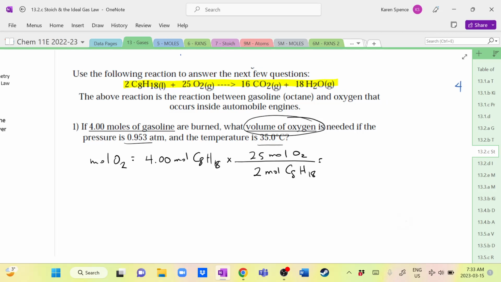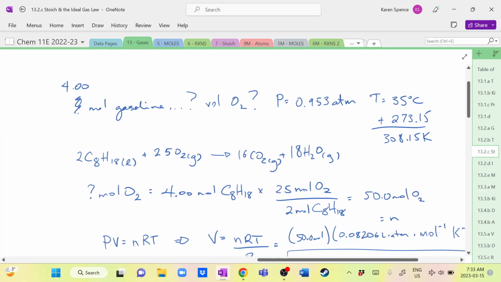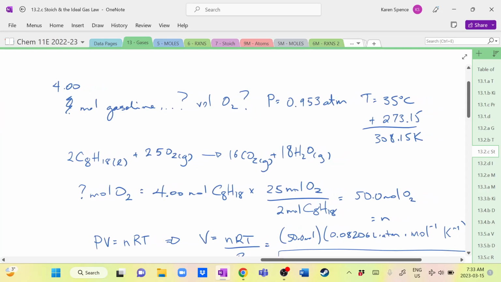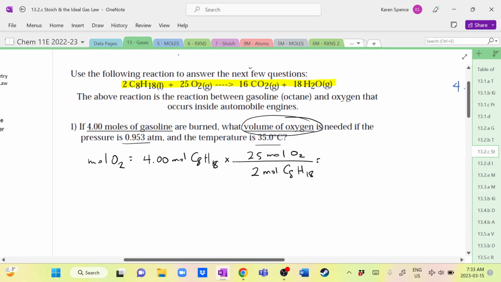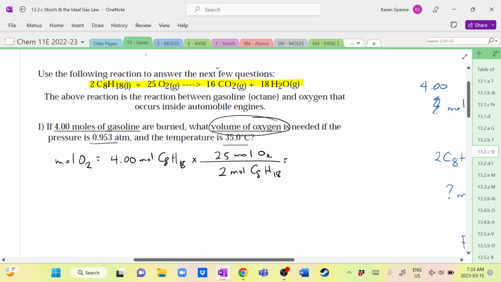And we get 50. Well, that makes sense. It's twice as much. So we have 50.0 moles. Is that right? Yeah. 25 moles of oxygen, 50 moles of O2.